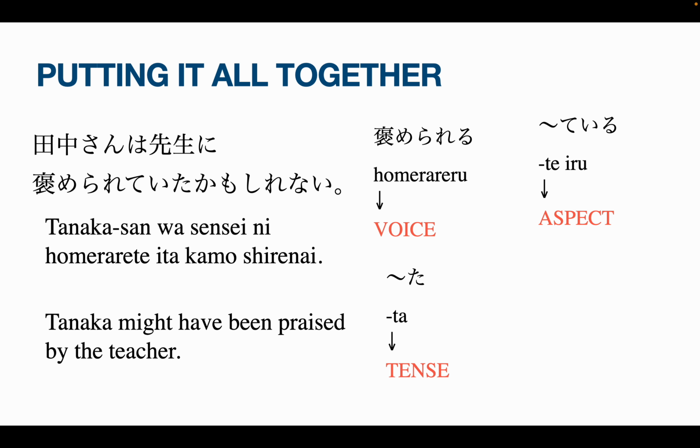Then, ていた. Now we also have past tense. And finally, かもしれない. This is modality. So, voice, aspect, tense, modality.